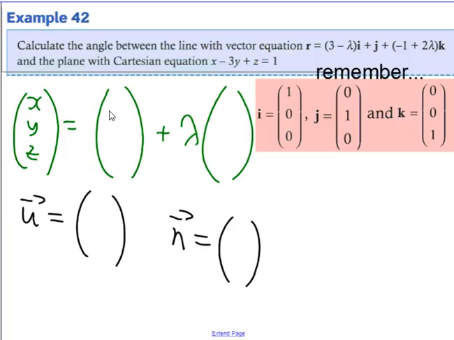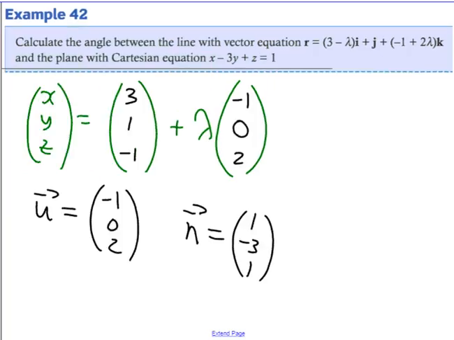To make it into vector form like this, you have to remember that i is the unit vector (1, 0, 0), j is (0, 1, 0), k is (0, 0, 1), etc. And then just rearrange it so we have a fixed point and lambda times the direction. And also with this plane, it's easy to write down the normal vector, as we saw in the previous video. I'll give you a second to do that. There it is.